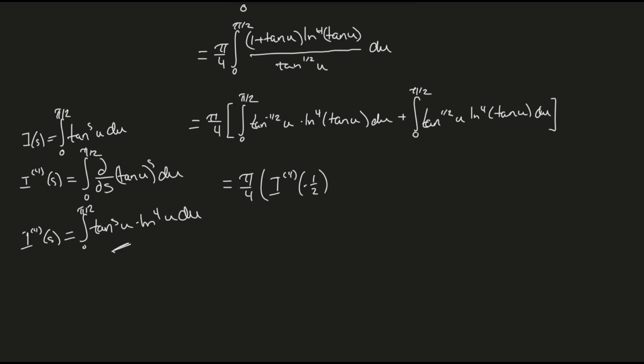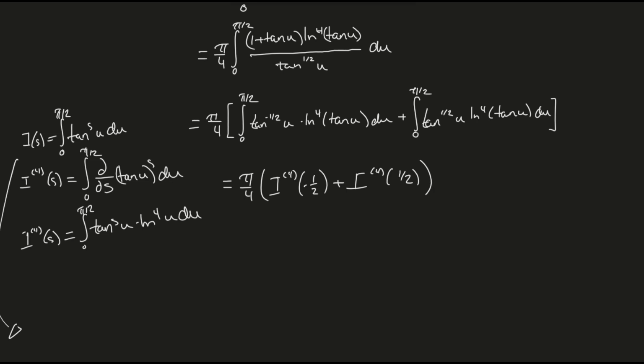We can take this, replace s with -1/2, and we have our integral. And likewise, this integral on the right is just the fourth derivative of I, but evaluated at s equals 1/2. So we've simplified it a bit, but now the trick is actually figuring out what I of s is.